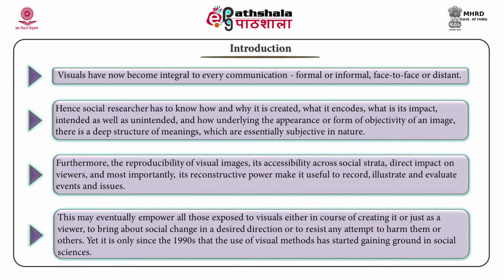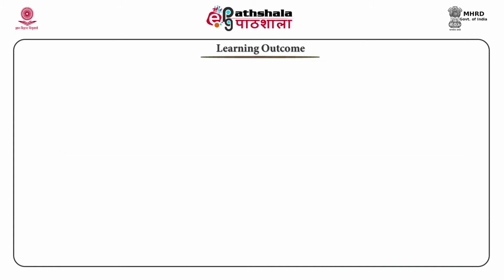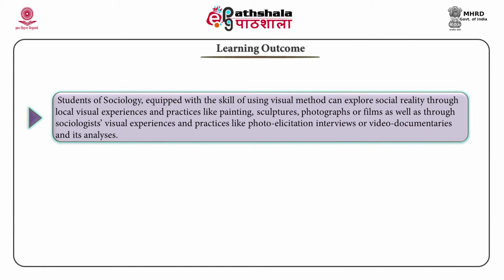Yet, it is only since the 1990s that the use of visual methods has started gaining ground in social sciences. Students of sociology equipped with the skill of using visual method can explore social reality through local visual experiences and practices like painting, sculptures, photographs or films, as well as through sociologists' visual experience and practices like photo elicitation interviews, which we will discuss later, or video documentaries and its analysis.